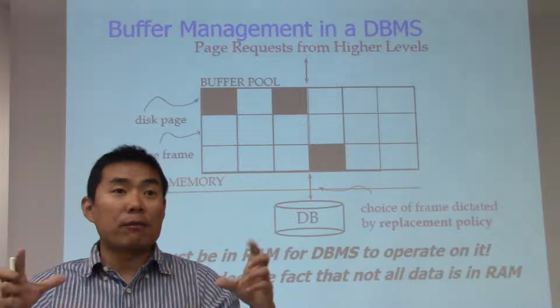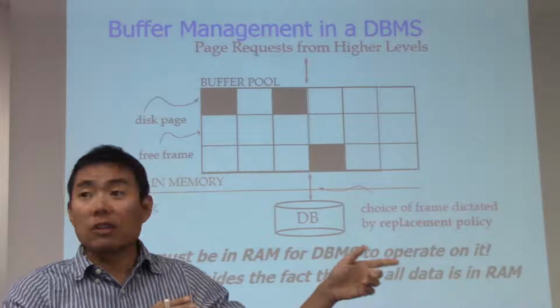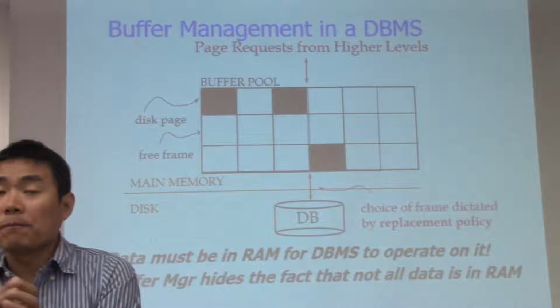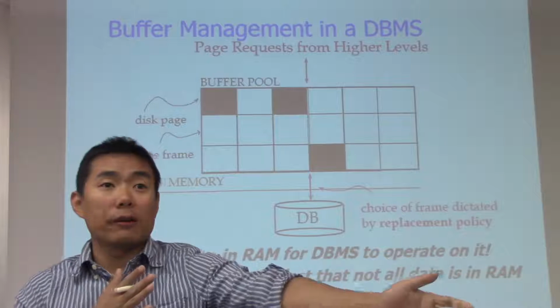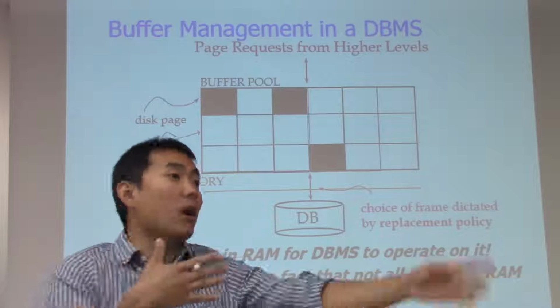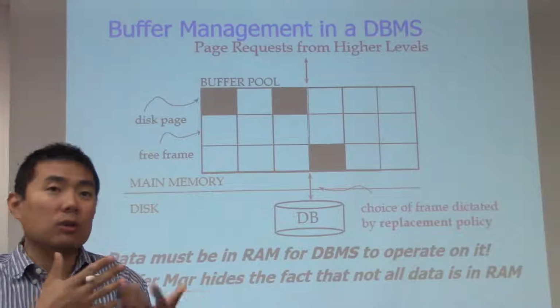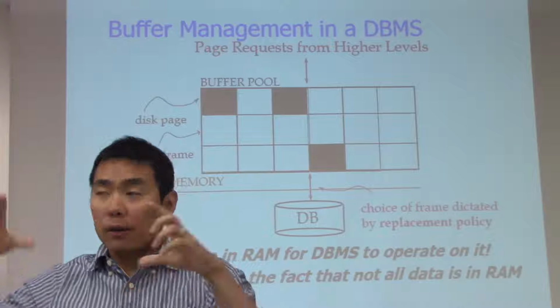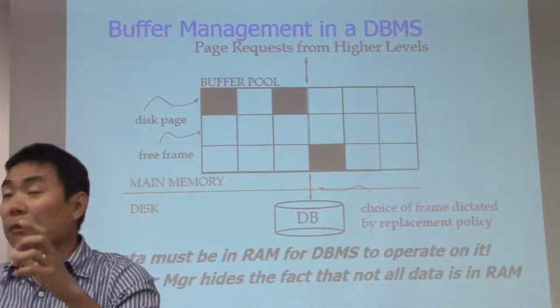If it's not in the buffer, you will send a request to the disk space manager, and the disk space manager will translate the page ID into a physical location on the hard drive. Move the arm, do the rotation, do the transfer, and get that page of data back to you. Then you place that into a frame in the buffer.